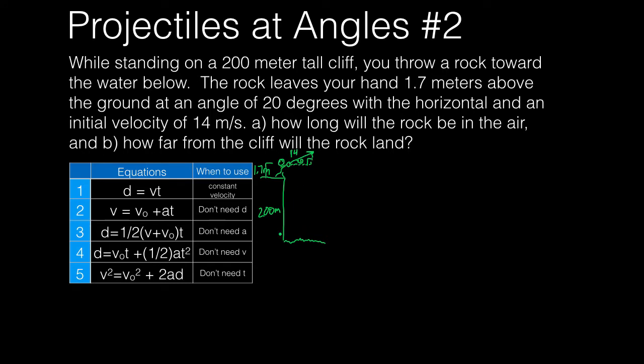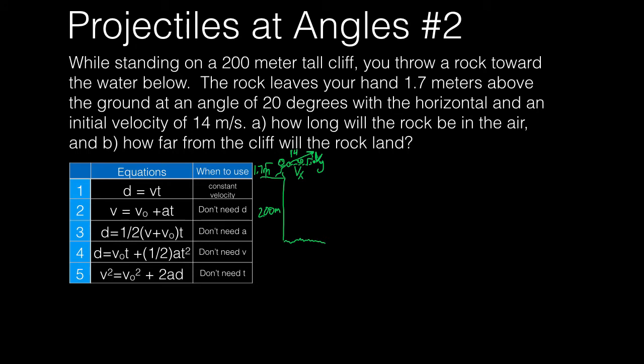Now we're not doing it on level ground, and that does change things a little bit, but we're still going to start it off the same way we always do. I'm going to split the initial velocity vector into two components, v sub x for horizontal and v sub y for the vertical initial velocity. I use trig to figure that out.